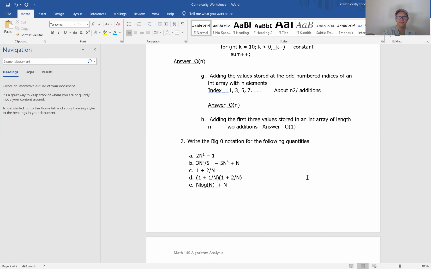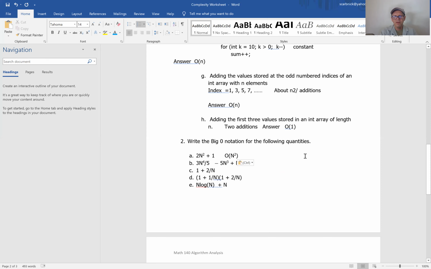The first one's not too bad. This is the highest order term. Order n squared. So it grows like n squared. So if you double n, the number of operations grows by a factor of 4.